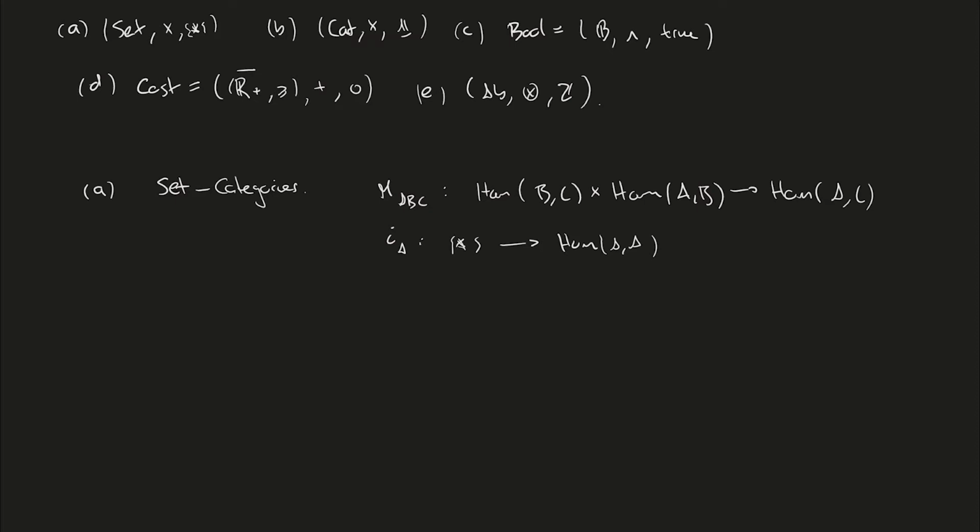And these maps are required to satisfy the commutativity of the 2 diagrams that we need for specifying an enriched category. But as we saw in the introduction to this video, those diagrams are precisely the diagrams we need to commute if we're displaying the axioms of a normal category in terms of these maps. So in fact, Set categories are just small categories.